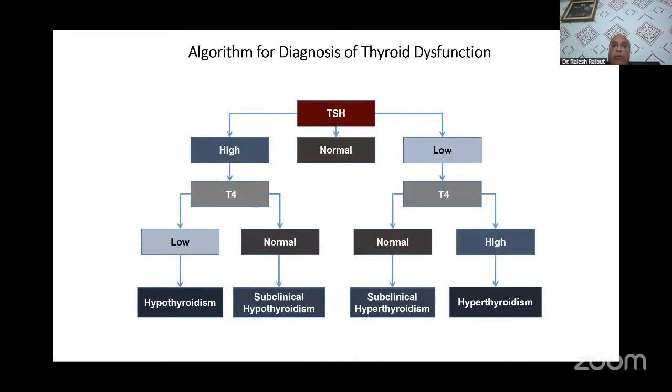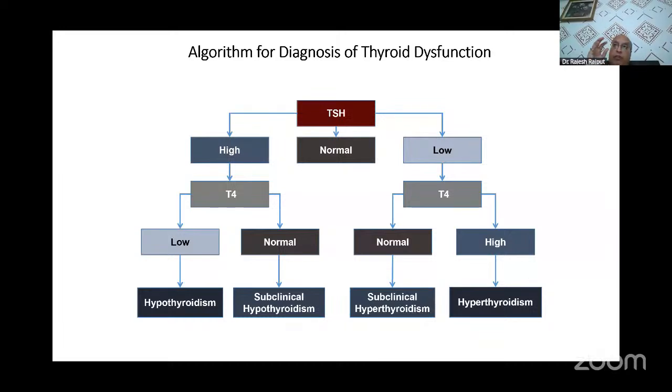Now, it is not uncommon, because the facility is now available in the smallest town, for patients to get T3, T4, TSH done even without prescription. Routinely, TSH is used as a screening test. If TSH is normal, we believe that the patient is normal. If TSH is low or high, then we measure T4, and depending on the level of T4, the patient can have hypo or hyperthyroidism. But this holds true for primary hypo or hyperthyroidism, which means when the problem is primarily at the level of the thyroid gland.